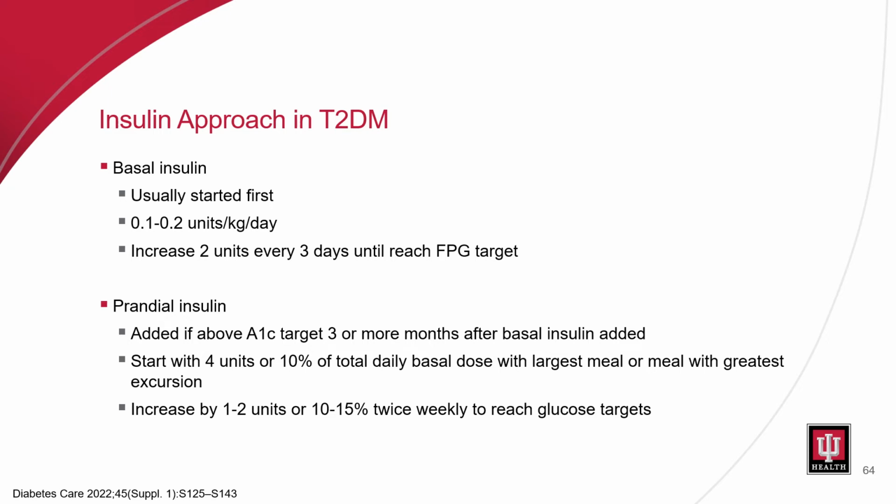Our SGLT2 inhibitors, which may be helping the heart failure or CKD, we're going to want to maintain those as long as they don't become contraindicated for any reason. However, we often do stop or wean our sulfonylureas or TZDs because of the risk of hypoglycemia when these agents are added to insulin therapy.